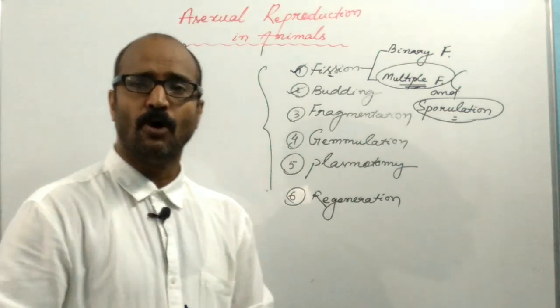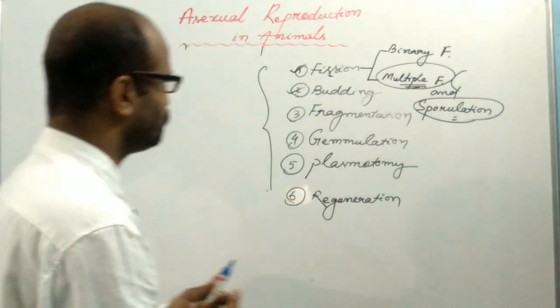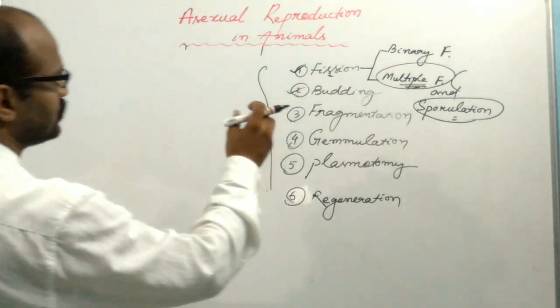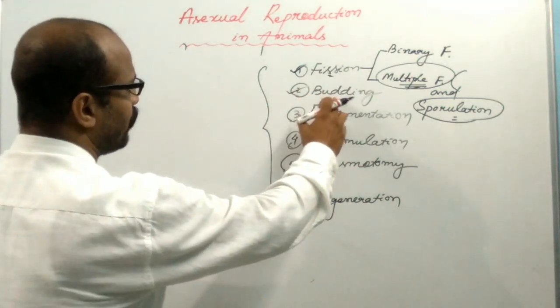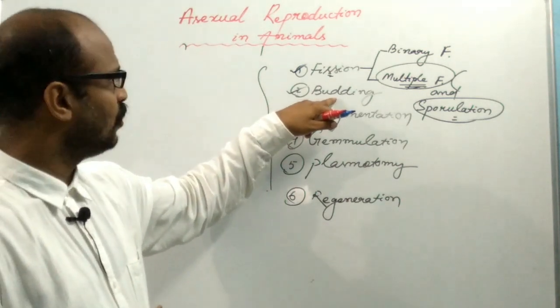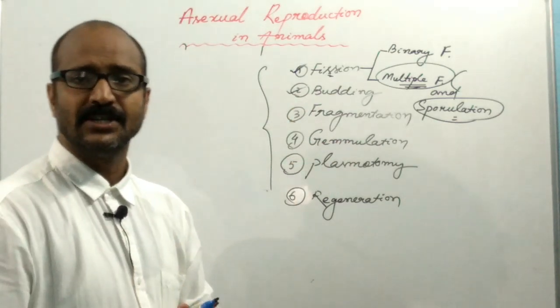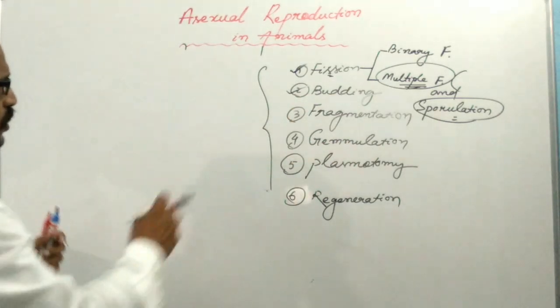The formation of a reproductive bud, the budding process, is also known as blastogenic reproduction.